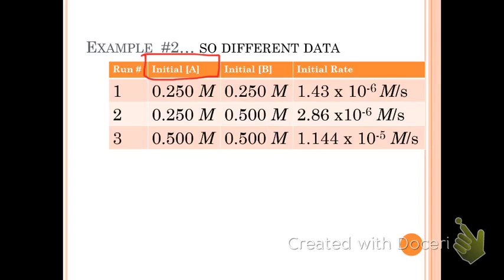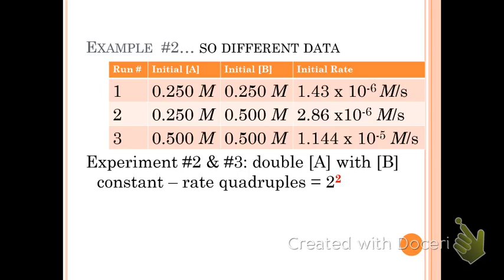So take a moment and see if you can figure out which 2 experiments we should actually look at. Please feel free to pause the video if you need to and press play when you're ready. To figure out the order of reactant A, we are going to look at experiment 2 and experiment 3.